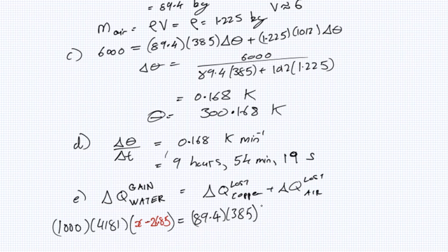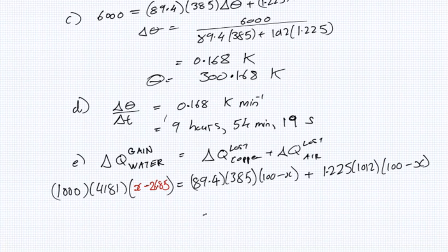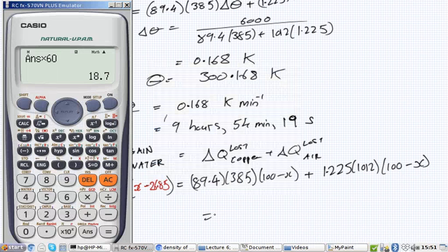Okay, this one is starting at 100 and drops down to X, as is the other one. M C, and from 100 down to X. Okay, let's clean up the right hand side first. 89.4 times 385 plus 1.225 times 1012.